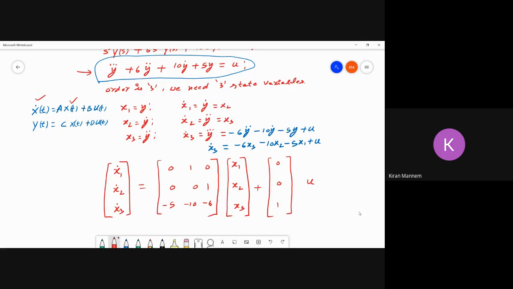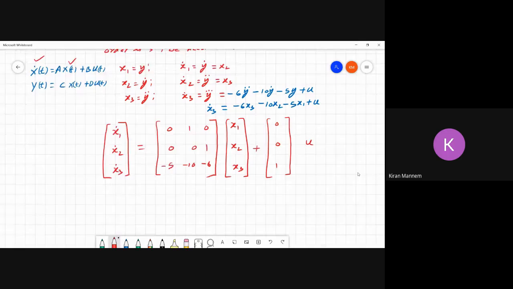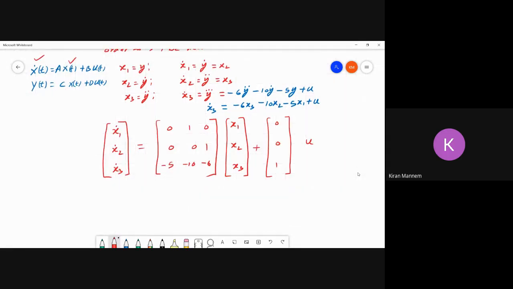So what about the output? We should write this equation also. What is the output equation? y is equal to x1.